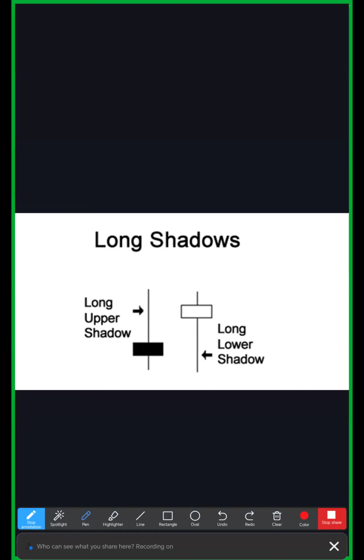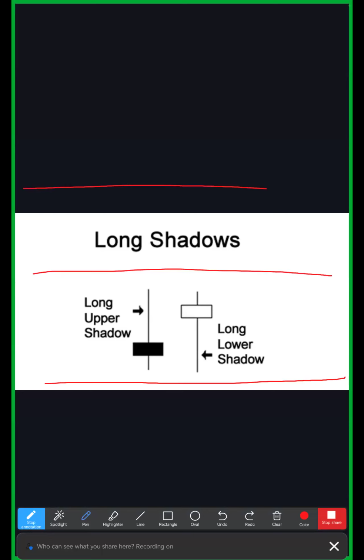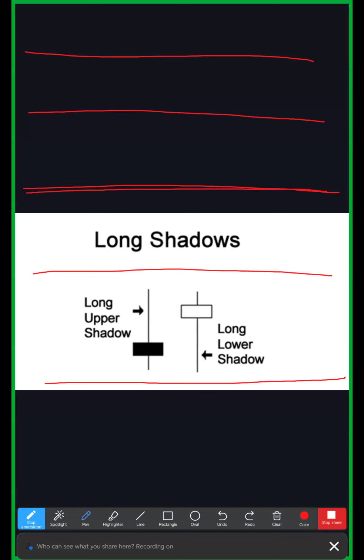Because when you reach a point where you are able to analyze by drawing your lines, which we call support and resistance lines, you are going to come to this class where trainers are going to teach you how to draw a line that is going to act as a support, how to draw a line that is going to act as a resistance line.